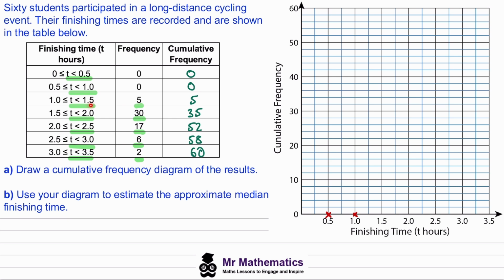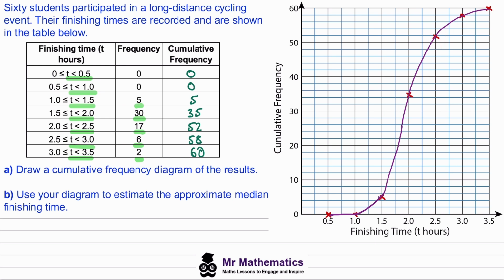Then we'll plot 1.5 and 5, 2 and 35, 2.5 against 52, the 3 against 58, and the 3.5 against the 60. And then to plot our graph, we need to draw a smooth curve passing through each of these points. So something like this.